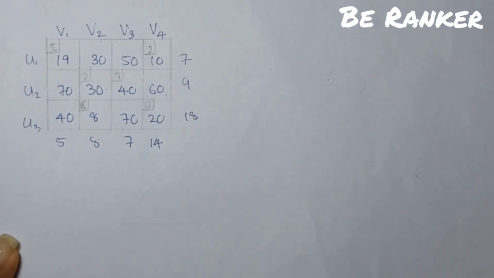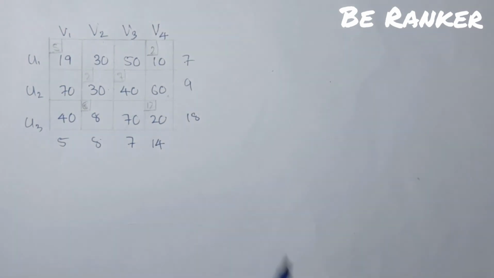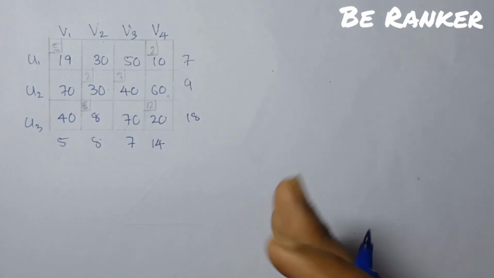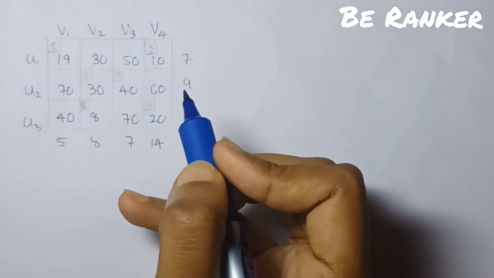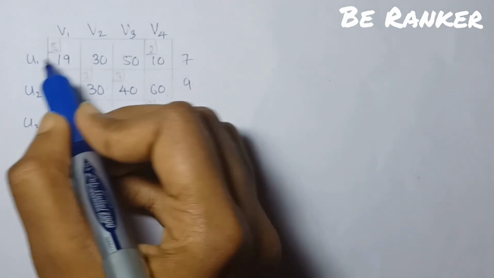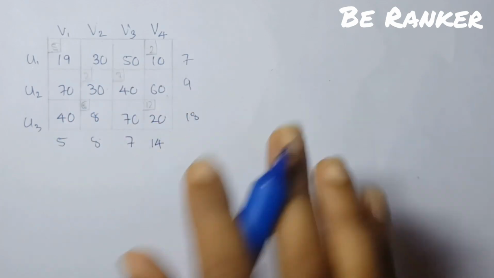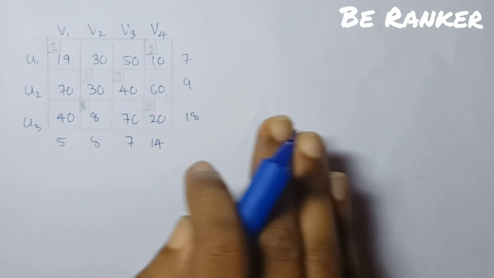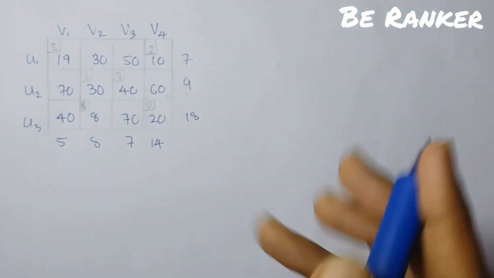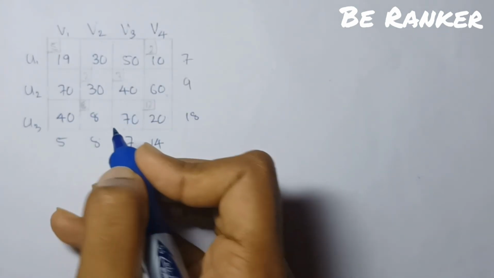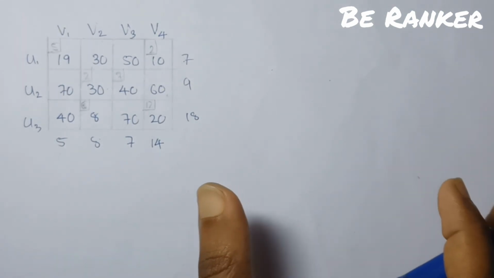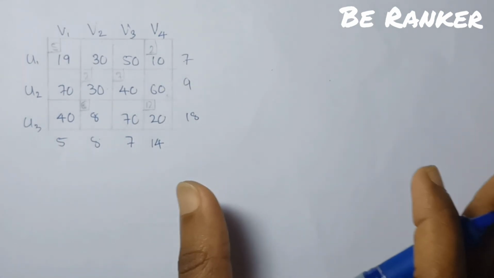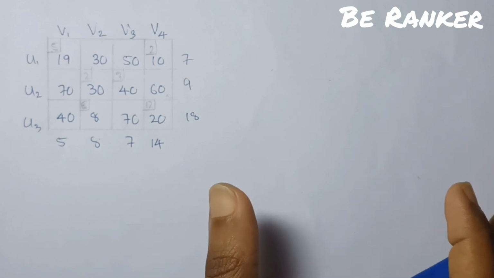Then I want to find U1, V1, U1, V2, V1, U2, V2, U3, V3, and V4. So I write the allocated cell values as the sum of U values and V values, which we already did in the previous step. So I repeat this step here because we want to find Dij values with all positive numbers. Then we can stop this process.